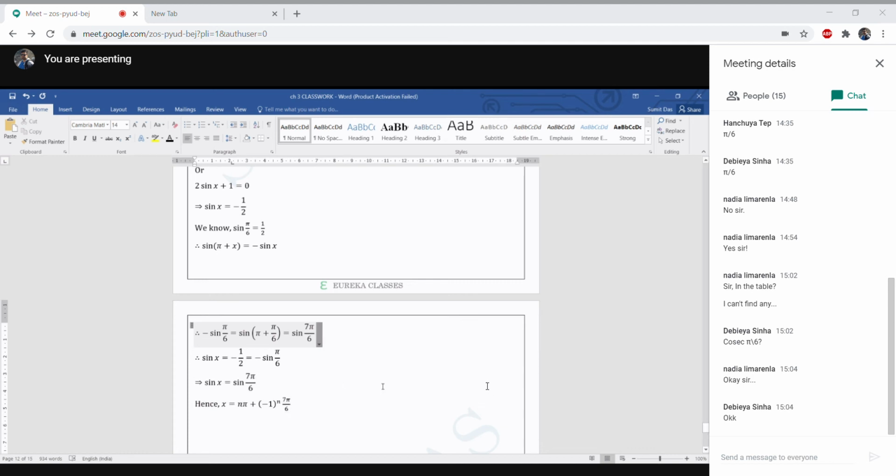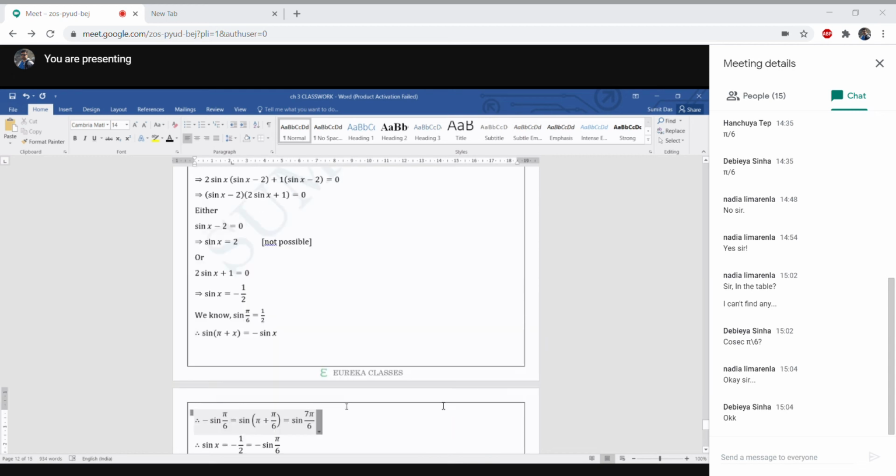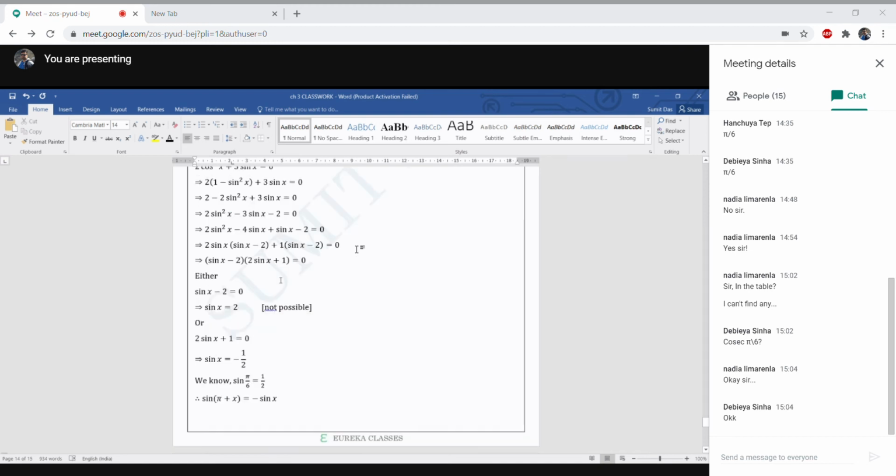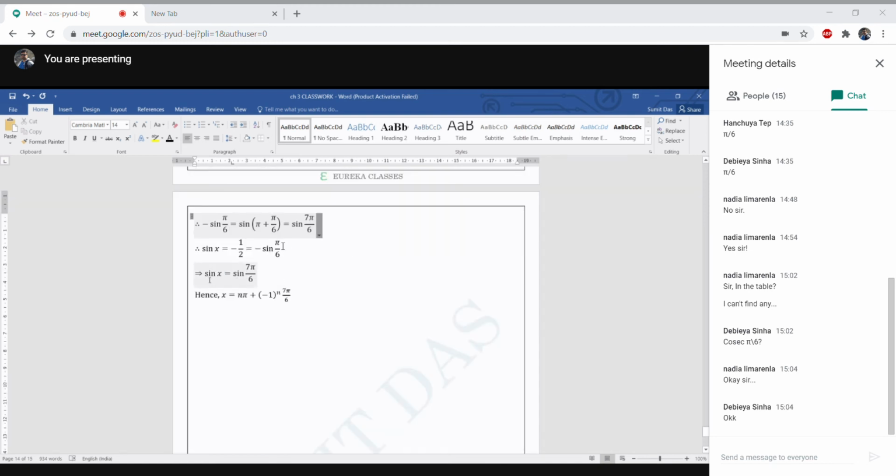Now theorem 1 will work. What is theorem 1 saying? For any real numbers x and y, if sin x equals sin y, it implies x equals n pi plus minus 1 to the power n into y, where n belongs to Z. Here we can write sin x equals sin y, and both are real numbers.